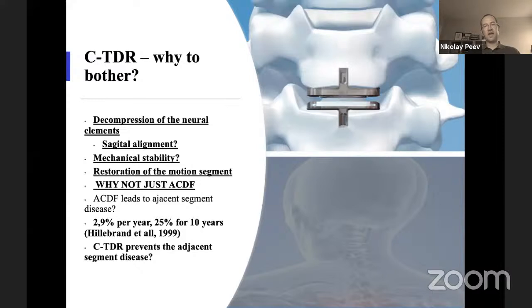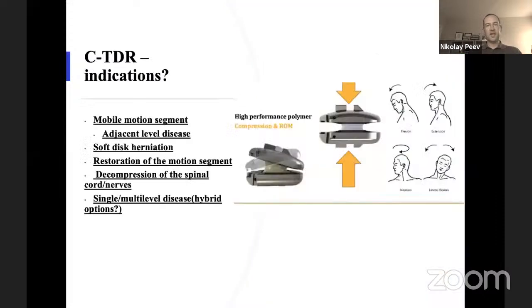But if you have, as Sandeep said, young people, then the disc replacement could be a good option. And why is that? Because of this research and this paper that everybody quotes, talking about disc replacement, 2.9% per year and 25% for 10 years of adjacent segment disease. This is something that we are all trying to prevent by using disc replacement techniques and devices.